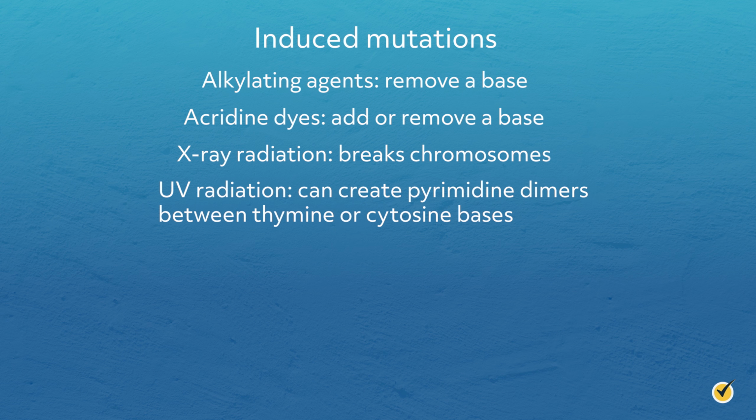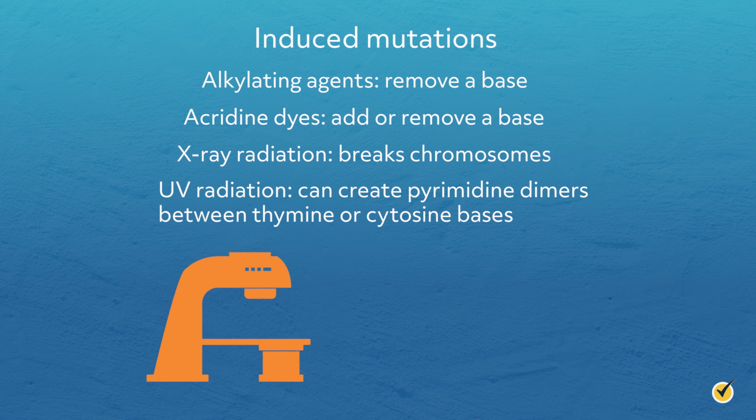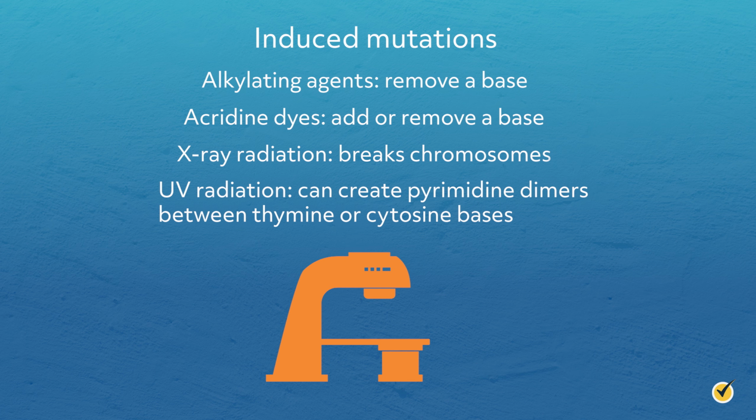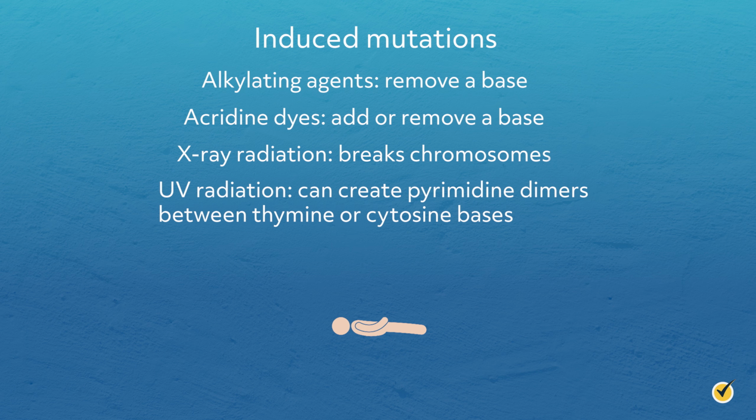And UV radiation, which can create pyrimidine dimers between thymine or cytosine bases. People can be exposed to these mutagens unintentionally, perhaps at their workplace, through overexposure to radiation at the hospital, or even sunlight.